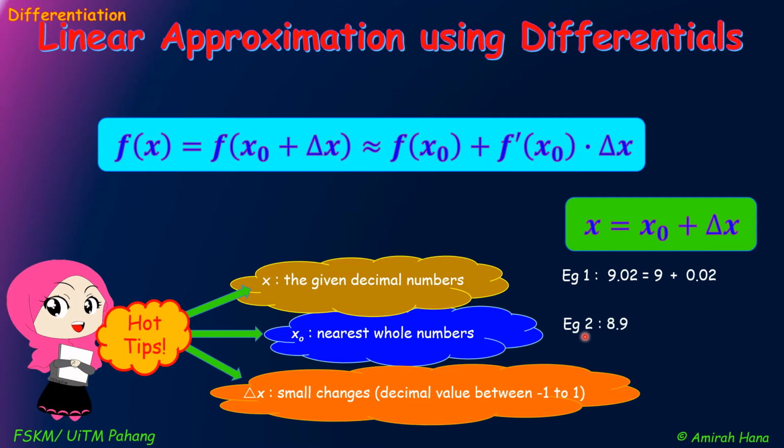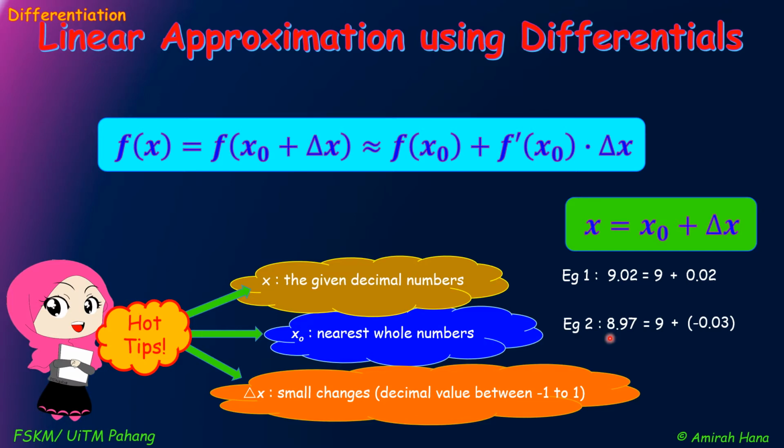How about example 2? Let's say we have 8.97. We can write it as 9 plus -0.03, because 9 plus -0.03 equals 8.97.